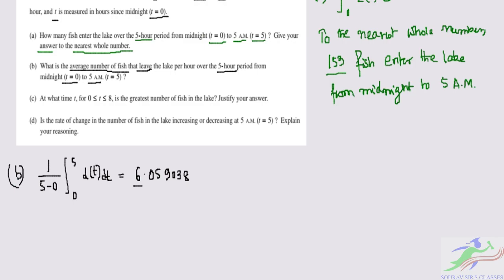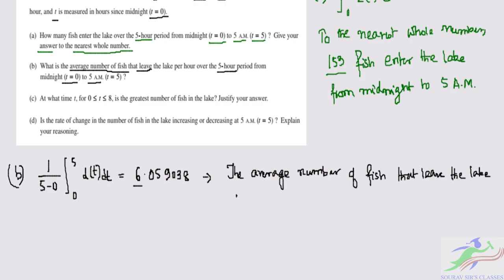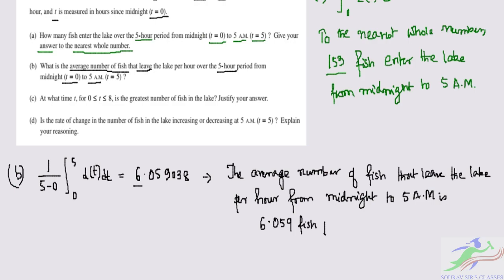We can write the answer in this manner: the average number of fish that leave the lake per hour from midnight to 5 a.m. is 6.059 fish per hour.